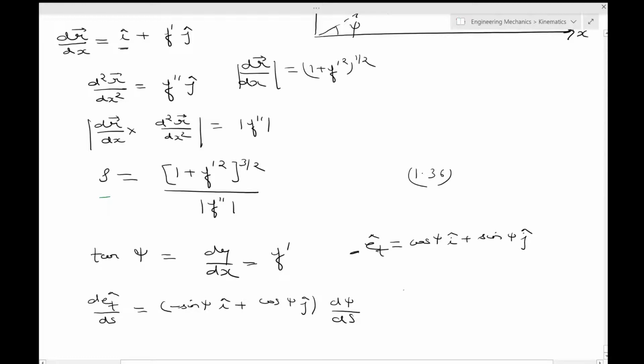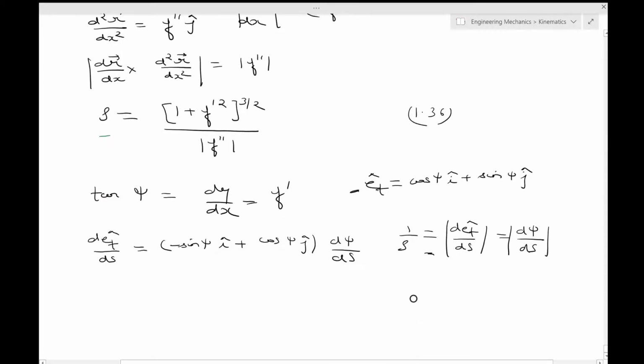And clearly 1 by rho would be the magnitude of det by ds, equal to d psi by ds. This is coming up because of 1.23.